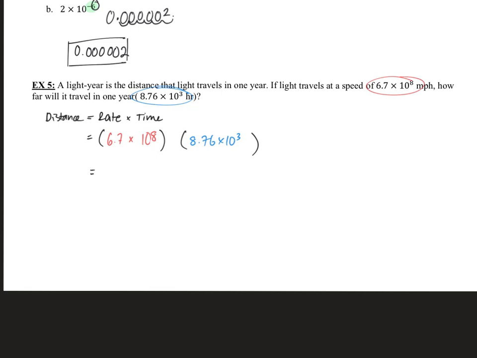So then we're going to go ahead and regroup the decimals together and then the tens together. So we have 6.7 times the 8.76. And yes, we can do this because it's all just multiplication. All right, so multiplying the 6.7 times the 8.76.